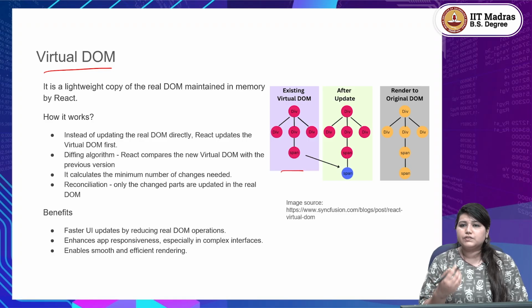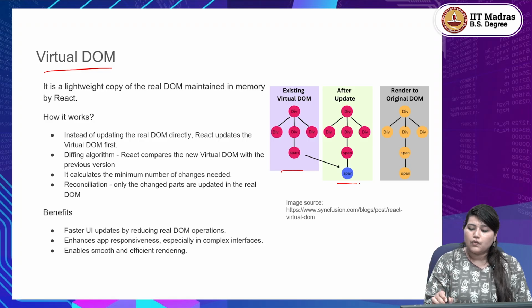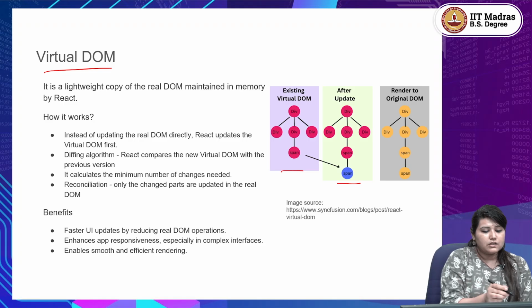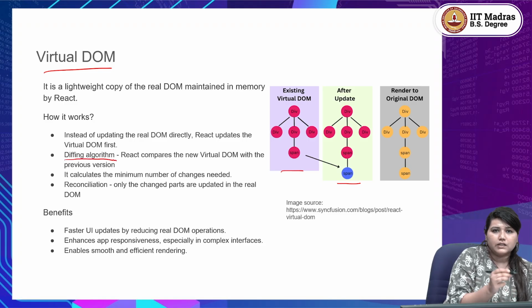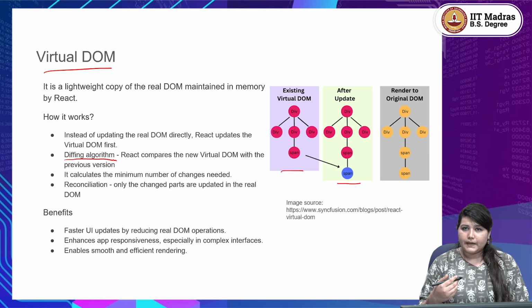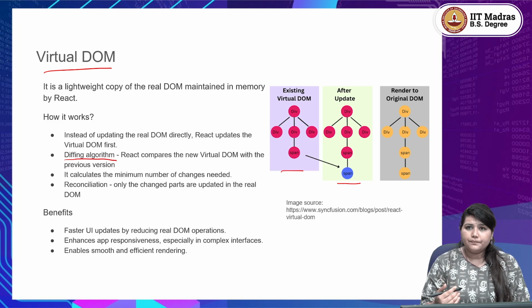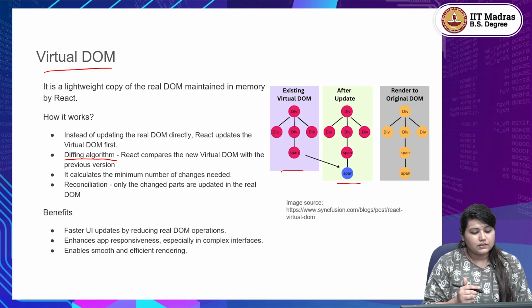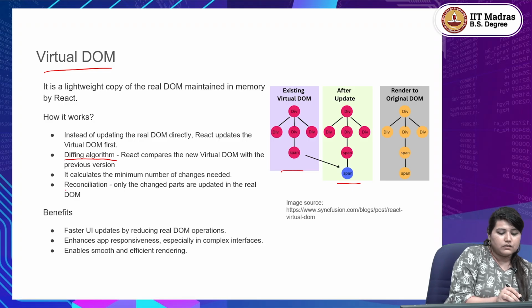Every time the state of the component changes, React updates this virtual DOM first, then using a process called diffing, which is an algorithm, React compares the new virtual DOM with the previous one to find out what actually changed. This way, React calculates the minimum number of updates required through a process called reconciliation.